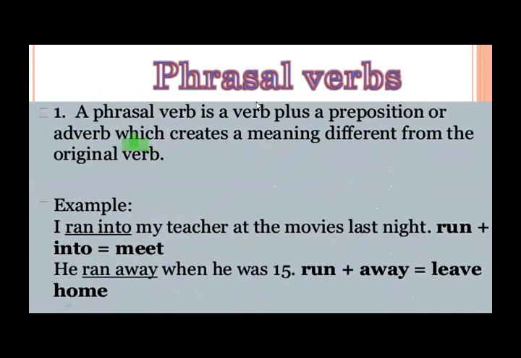Phrasal verbs. These are very important verbs. How do we make them? A verb and a preposition or an adverb with the verb, and both two words make a single unit. For example, run into. Although run has a different meaning, run into means to meet. Run away means leave home.